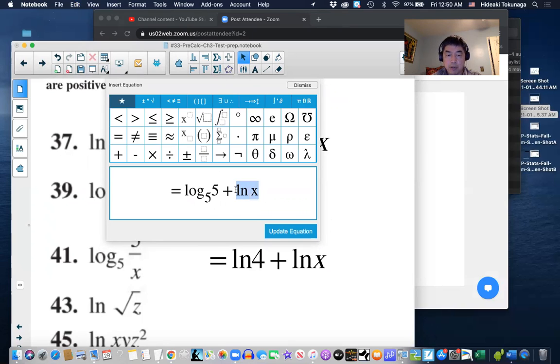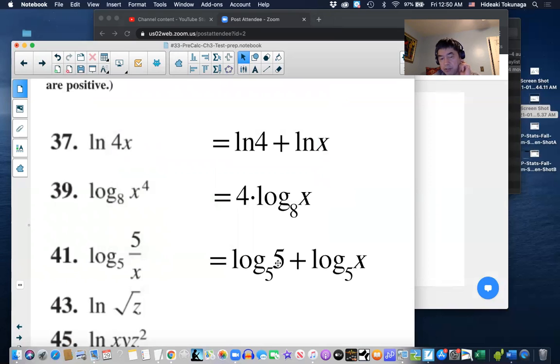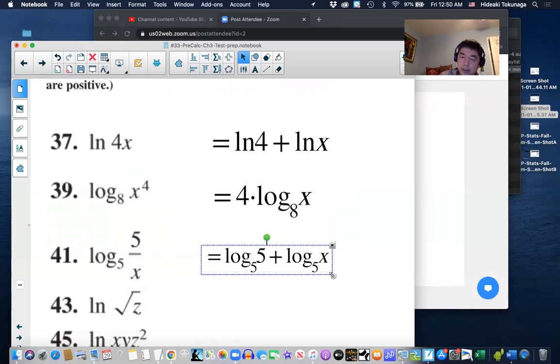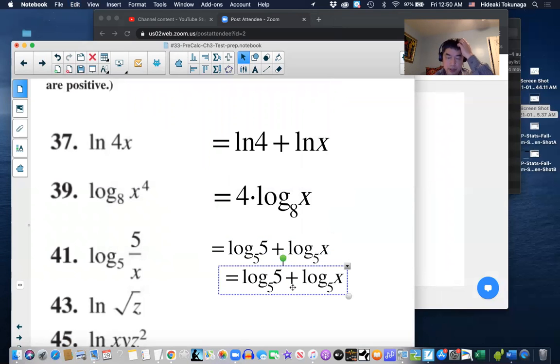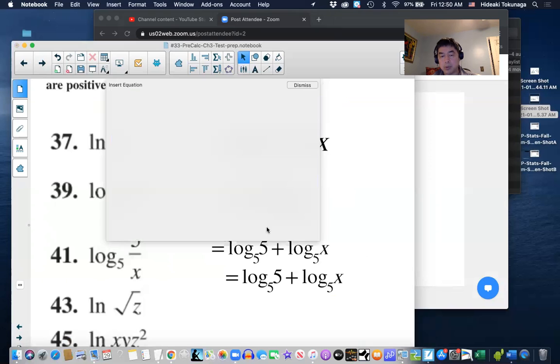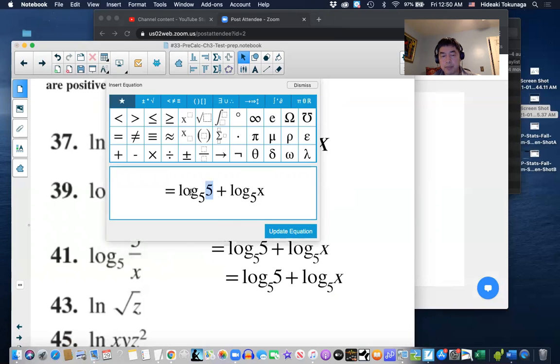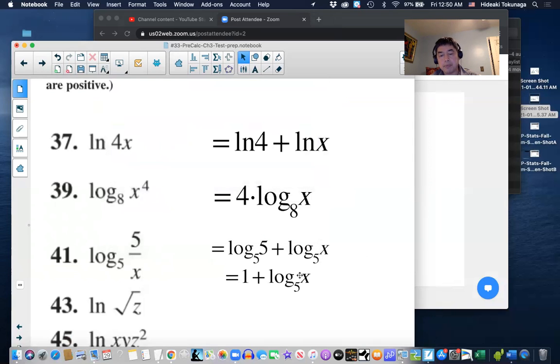And same thing here, log base is 5 of x. Now, log base 5 of 5: 5 to what power is 5? First power, right? So on the left-hand side, you have to change to 1. So I will cut and paste here and change this one to 1. I hope you understand the process.